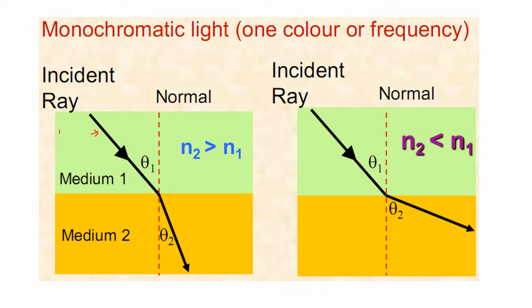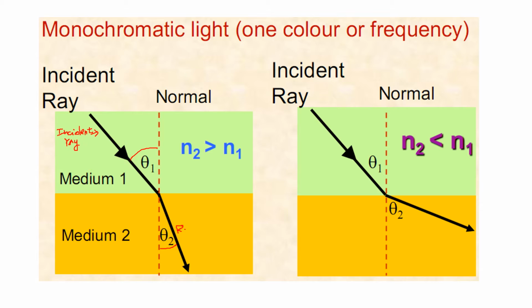This ray is the incident ray, meaning a ray coming from the light source to the point of incidence. This incident ray is away from the normal because medium 2 is denser than medium 1, and here we have a refracted ray.